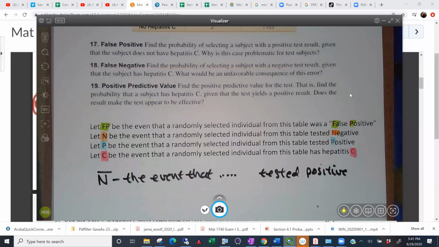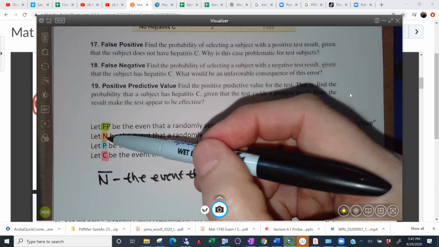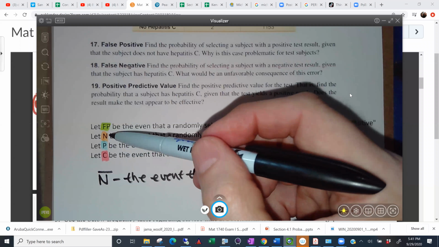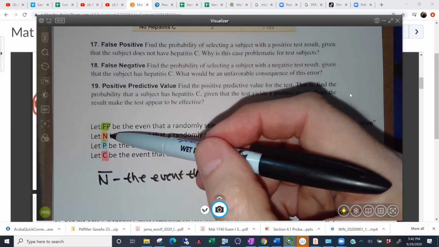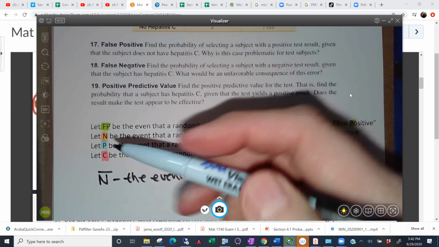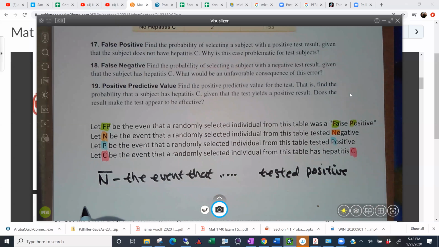So really, I didn't necessarily have to use this notation P, but it just felt a little awkward somehow to write down probability of P, although that's what my other two classes preferred.